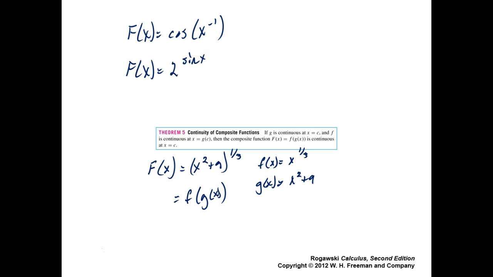Where is that continuous? Would it be the same as cosine on numbers but 0? Okay, now I'm not sure what you mean.